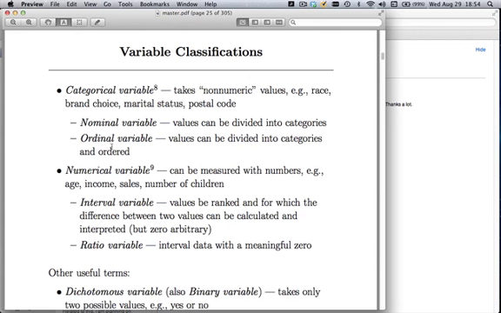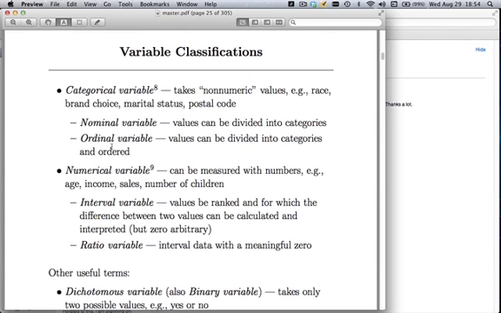So remember, numerical variables are variables where you can stick them on a number line. The difference between interval and ratio has to do with the existence of a meaningful zero. So what is a meaningful zero? A meaningful zero is when the value 0 means nothing.